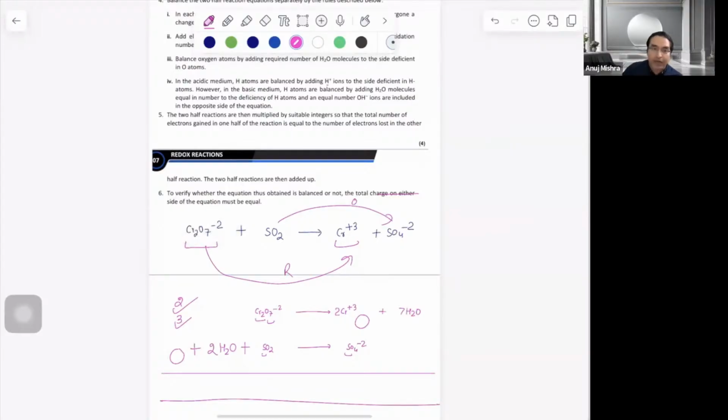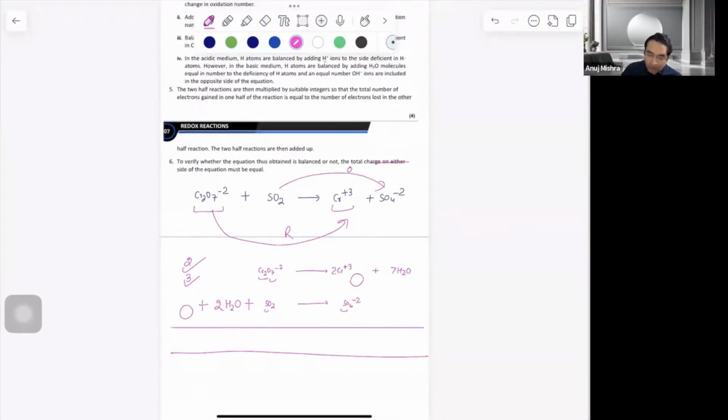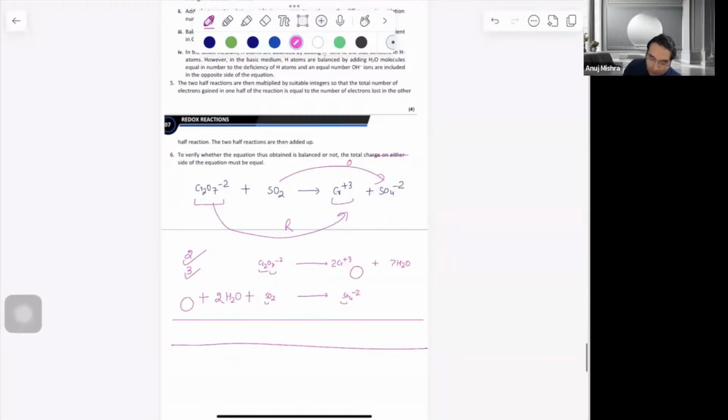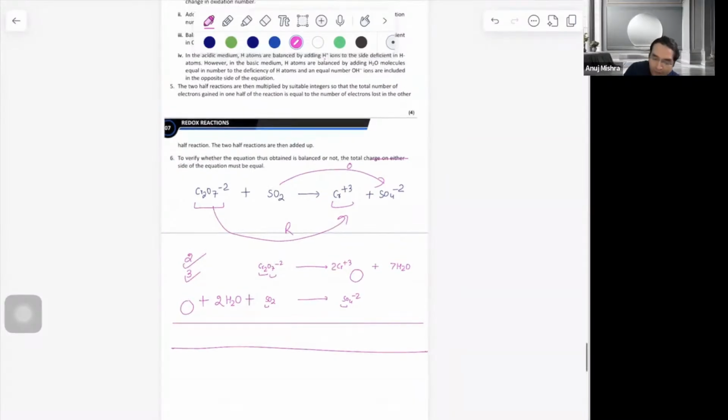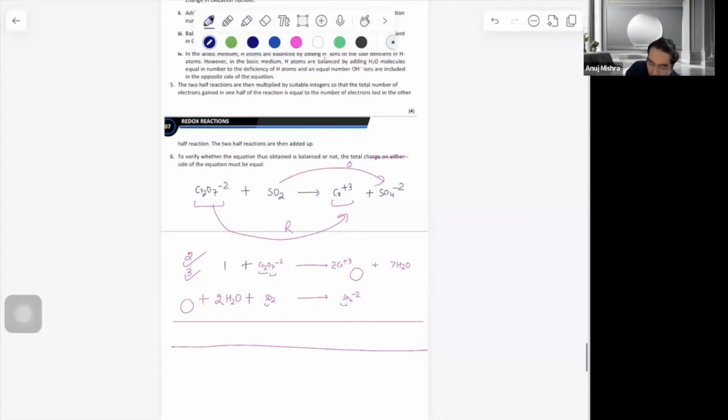So you can simply say Cr2O7 2 minus, you wrote 2Cr3 plus, right? And then you're adding electrons to balance it. After adding electrons, what number of electrons are you going to add? That is the question here. 6 electrons, because we have seen the balancing of this now. 14H plus, 6 electrons, 7H2O. Now it is completely balanced.